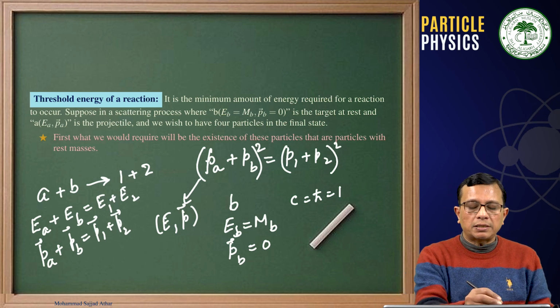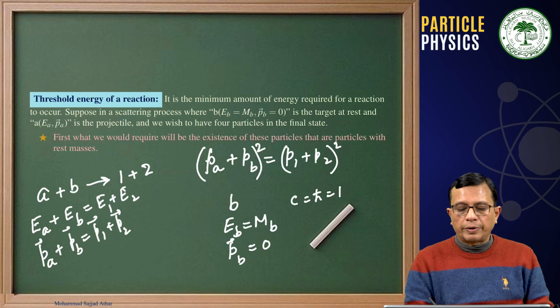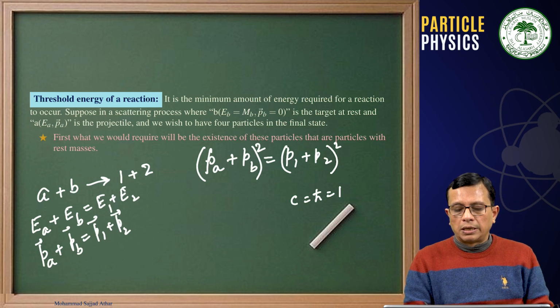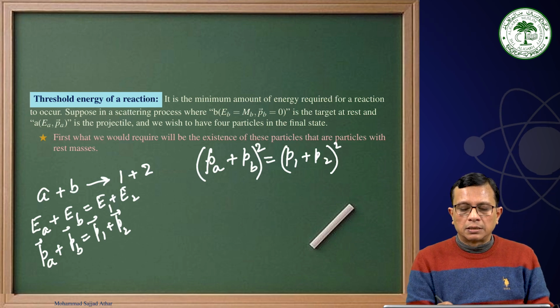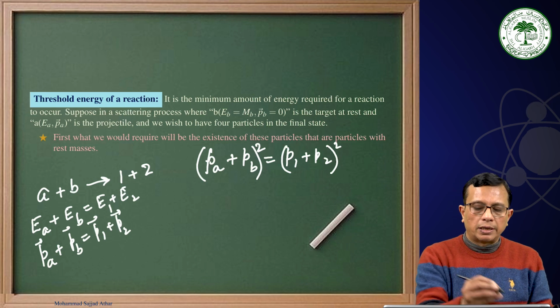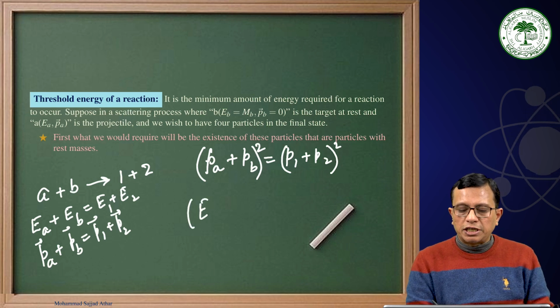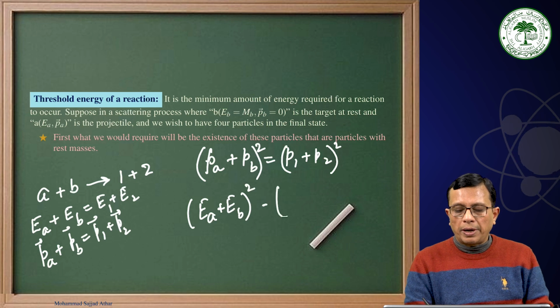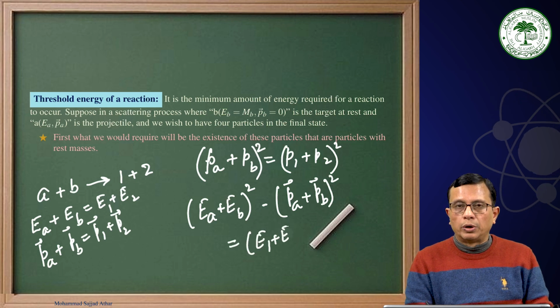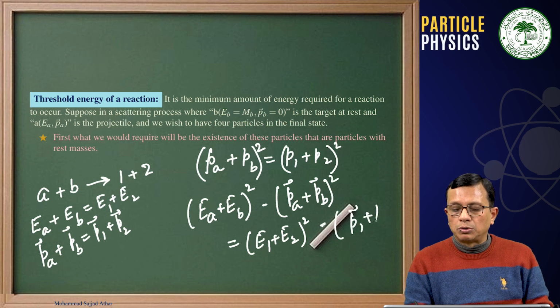And then in my next step, I am going to write this as the energy part, EA plus EB whole square, minus the momentum part, PA plus PB whole square. That must be equal to E1 plus E2 whole square minus P1 plus P2 whole square.